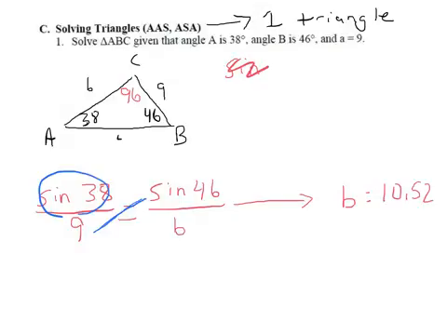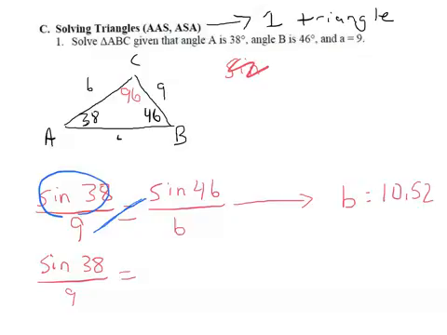Okay, side c is going to be very similar. We're going to again use the same initial fraction. And I'm going to always use that one because I know that those values haven't had to be rounded yet. I could, I suppose, use the fraction involving the b's, but my answer for side b has been rounded.